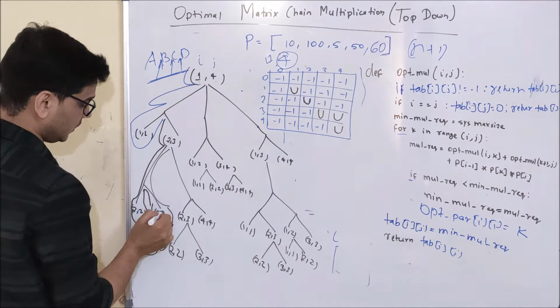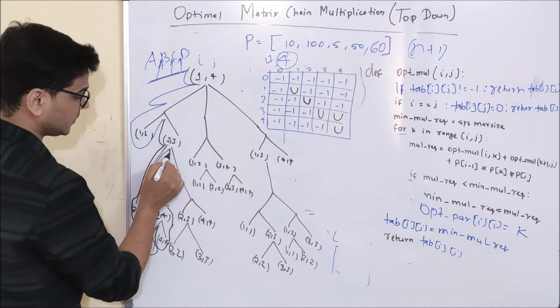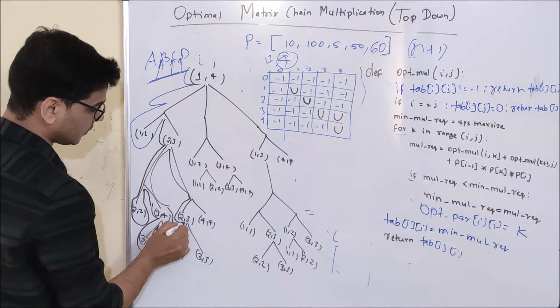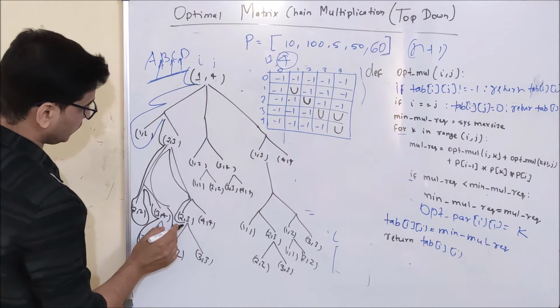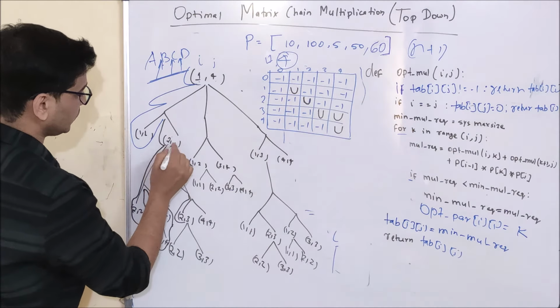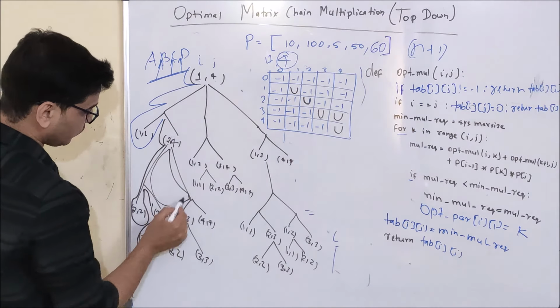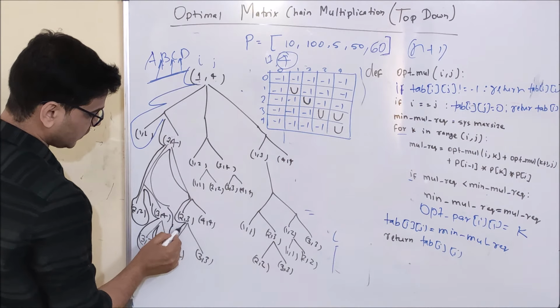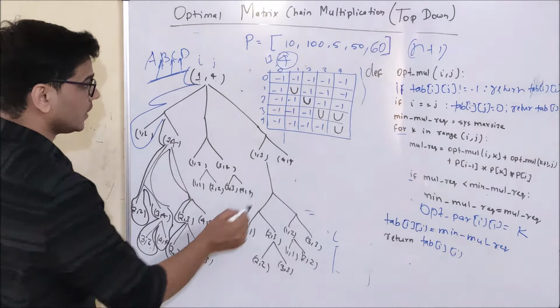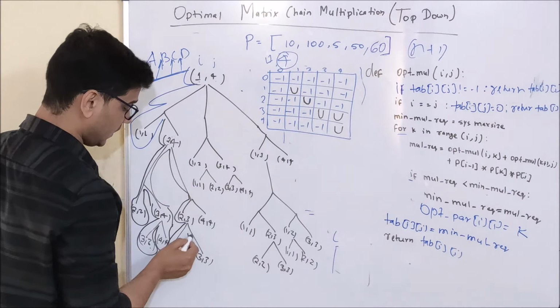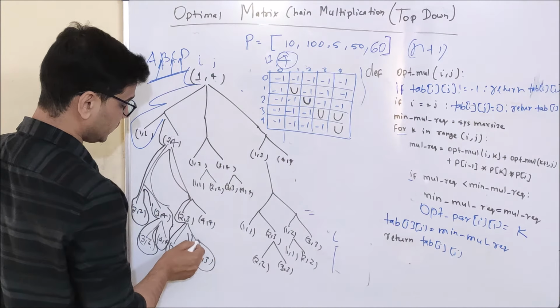Then 3, 4 will return something to 2, 3, and 2, 3 will give a call to 2 comma 4. 2 comma 4 will give a call to 2 comma 3, and 2 comma 3 will give a call to 2 comma 2, and 2 comma 2 will return from the table, and 3 comma 3 will also return from the table.